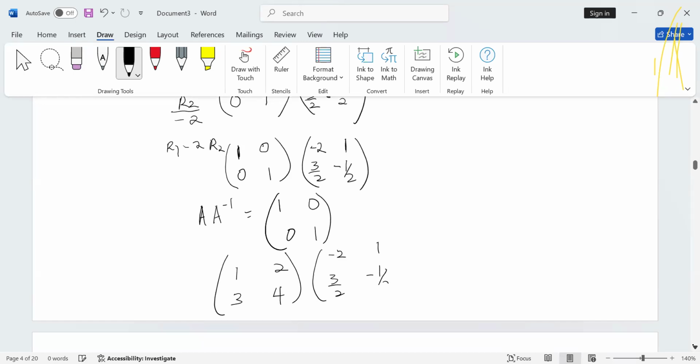Can you multiply this and find out whether it will give us an identity matrix?